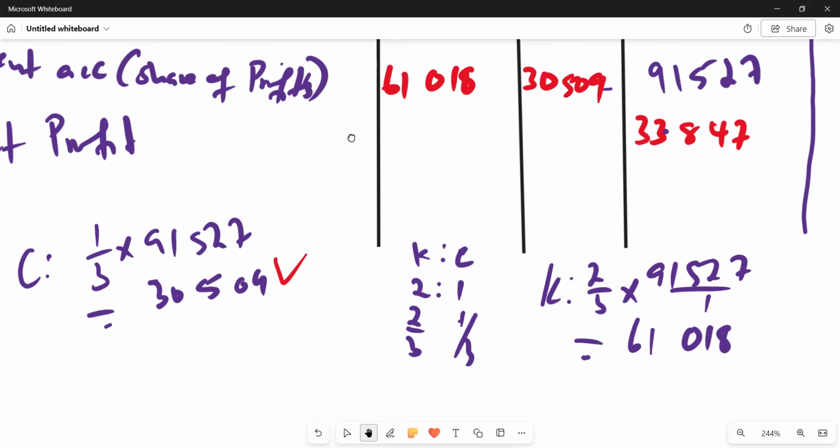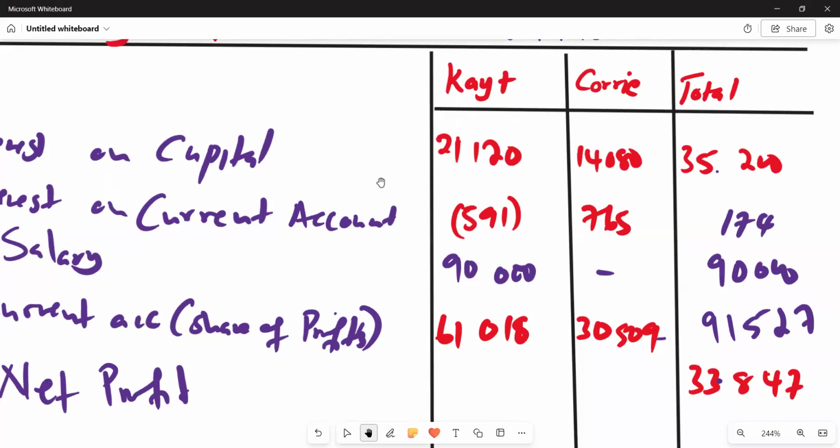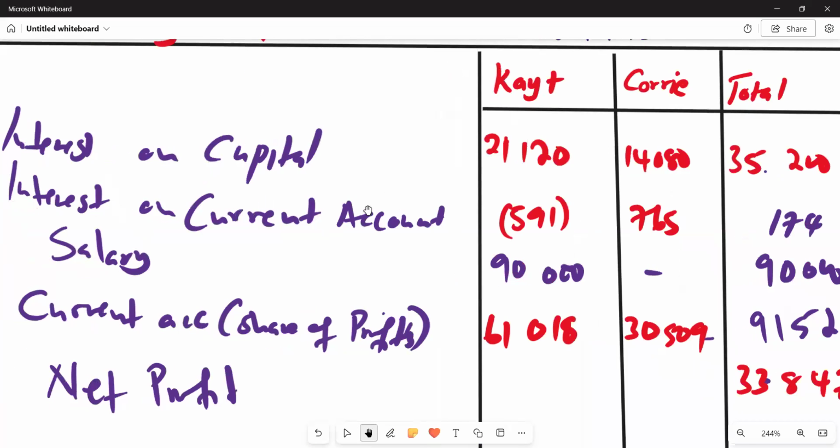So coming here now, this is our appropriation account, and we've shared our profit. When we create our current account, we're going to post this share of profits there on the credit side of the current account. Preparation of the current account is another video that is going to come after this one. Basically the figures that we're going to put in the current account will be taken from this appropriation.